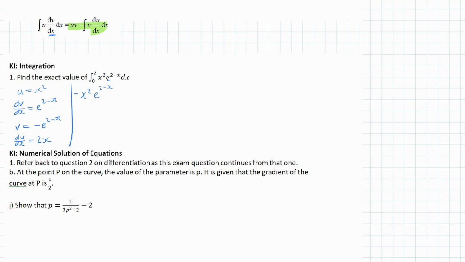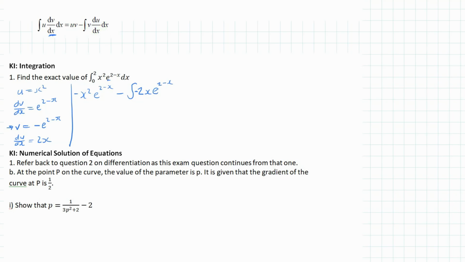Then take away the integral of v times du/dx. Now v is negative, so it's minus, and we put the du/dx, 2x, so it's minus 2x times e to the 2 minus x. Now you can see that we're going to have to repeat that process all over again.